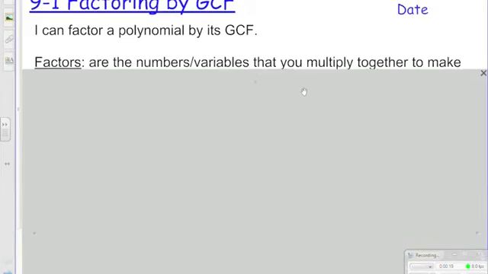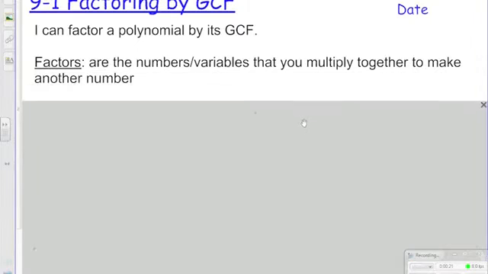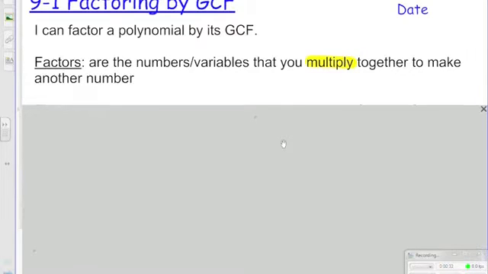So first things are the factors, and factors are the numbers or variables that you multiply together to make another number. An example of this would be if I were to ask you for the factors of 8.